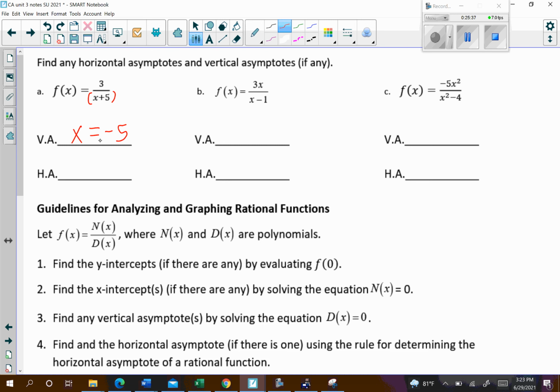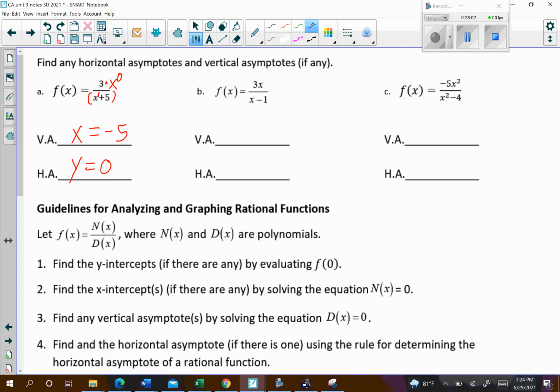Okay. The horizontal asymptote is where you take the ratio. I have x to the power of 1 on the bottom. There is no x on top, so it's understood as x to the power of 0. If the power on top is smaller than the power on the bottom, it defaults to y equals 0. Okay, we have to be able to extract this information to graph these, or else it'll be a nightmare.